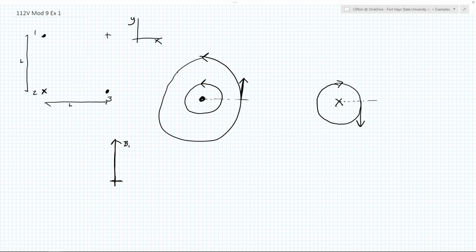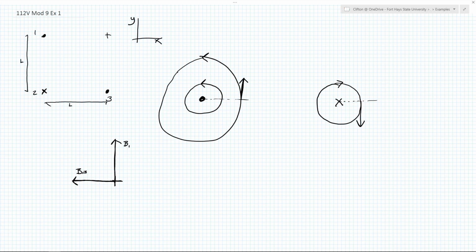Let's do the third current before we do the second current, because that one will be a little bit simpler. So the third current, point your thumb out of the board, your fingers curl counterclockwise. So we're going to have a magnetic field vector that looks like this due to current 3.